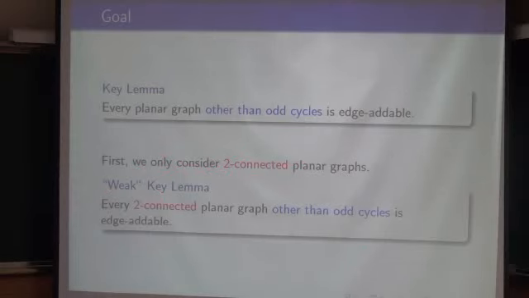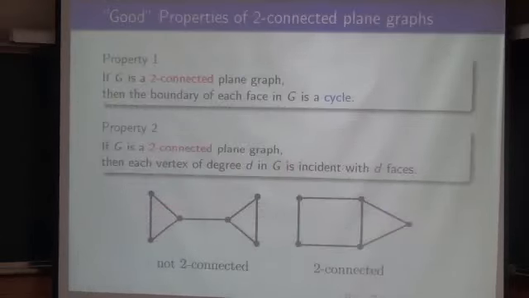We will first show the weak key lemma, which is only for 2-connected planar graphs, and then we will show the key lemma from this weak key lemma, right? So why should we think about 2-connected planar graphs first? That's because 2-connected planar graphs have two nice properties.